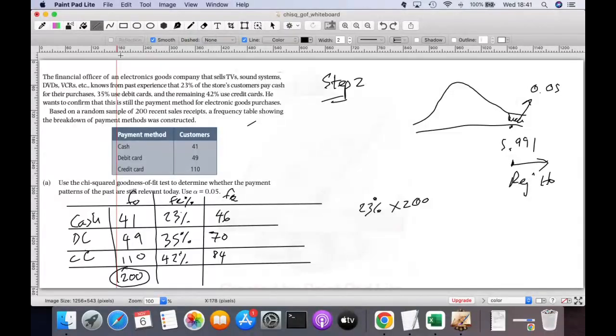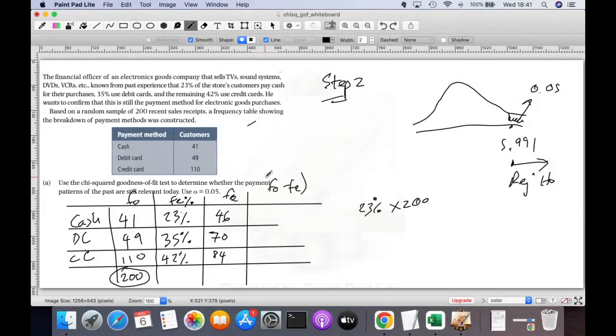And now the next few columns are pretty much what you've seen before. I'm going to work out F naught minus FE, whole squared.